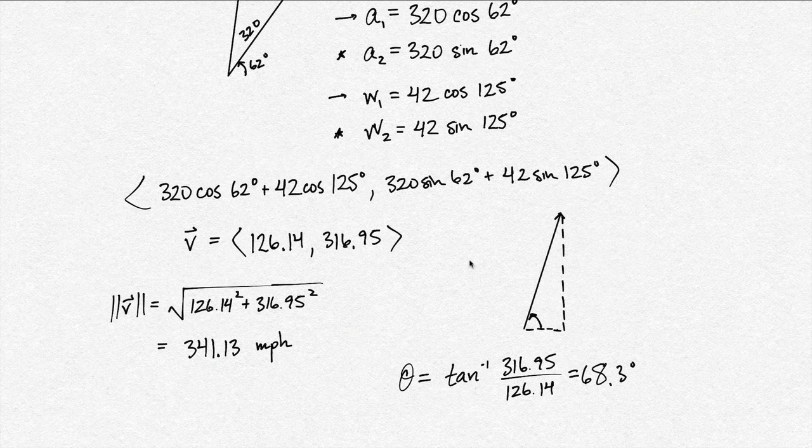If the vector had been, say, in the second quadrant, like somewhere over here, I'd be looking for this full angle, but the inverse tangent would have given me this angle, and so I would have gotten my heading by doing 180 minus the angle that I got. So you just have to think through what the angle is that you actually are trying to find and what the inverse tangent actually gave you.